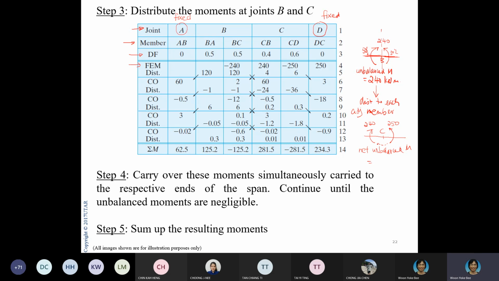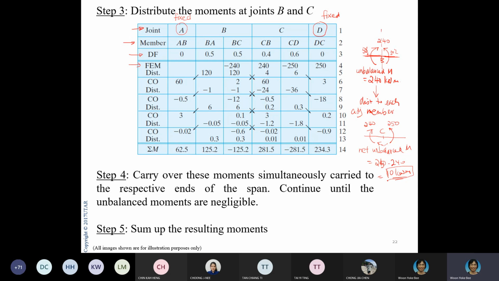This dotted line here is my net unbalanced moment. It would be 250 minus 240, so this would be 10 kilonewton meter. So this is my unbalanced moment.